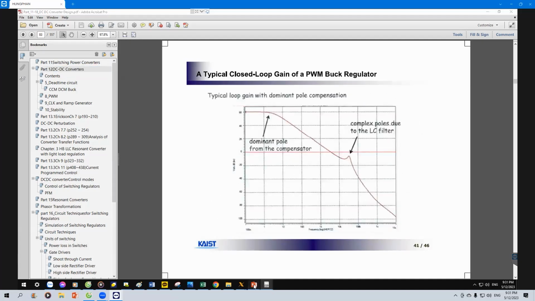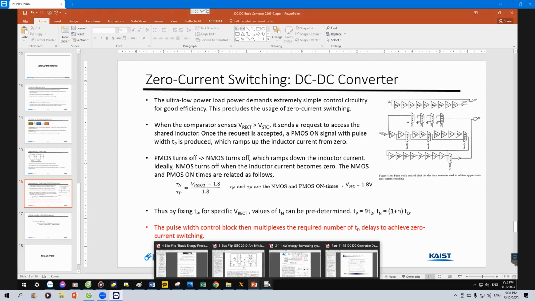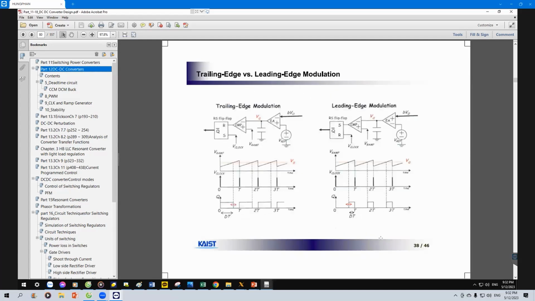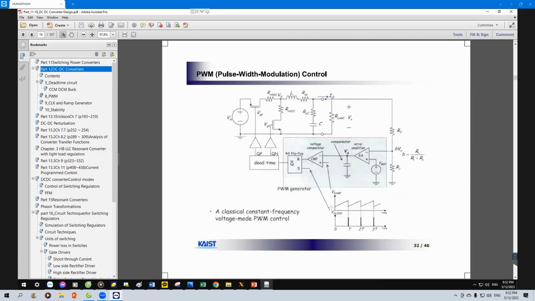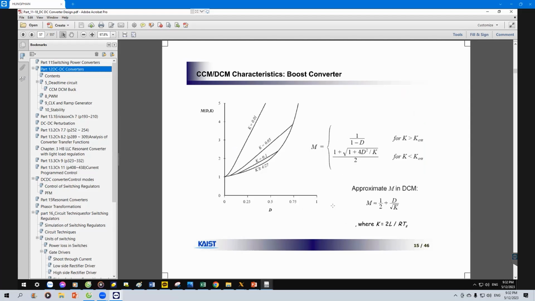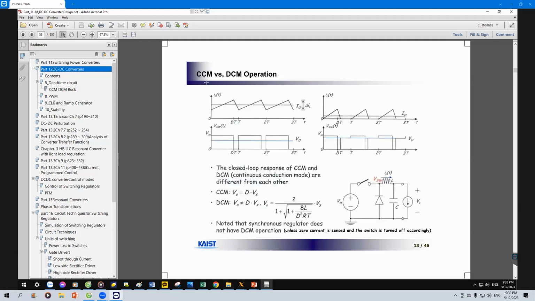Do you know the current waveform in this paper? No, there is no figure here. It operates in two modes, DCM and CCM, right? Do you know? CCM is continuous current mode, so the inductor current will always be larger than zero.